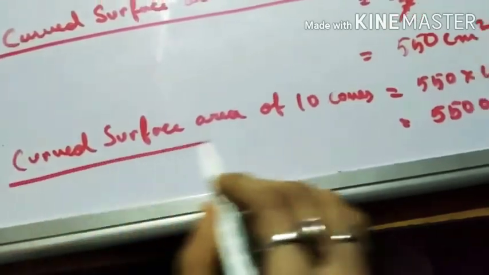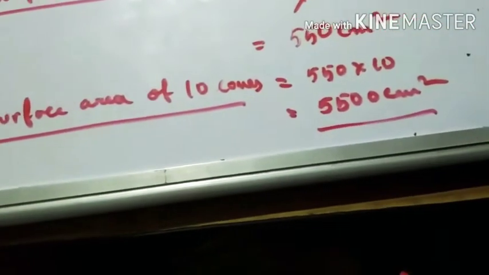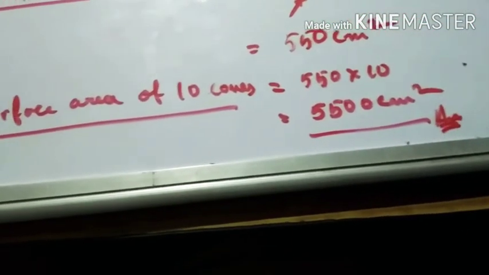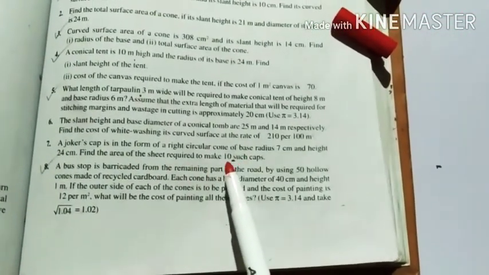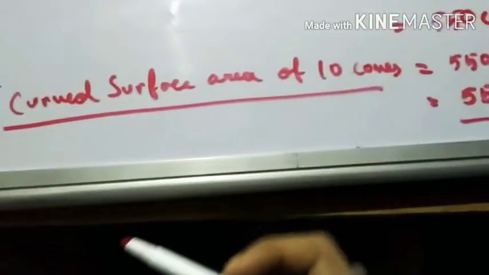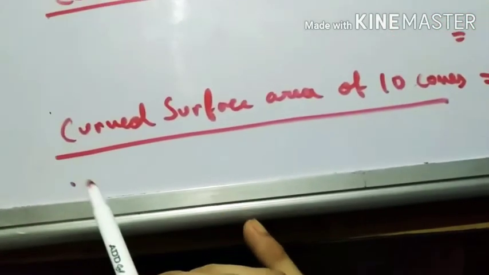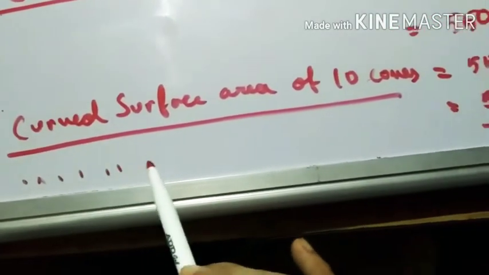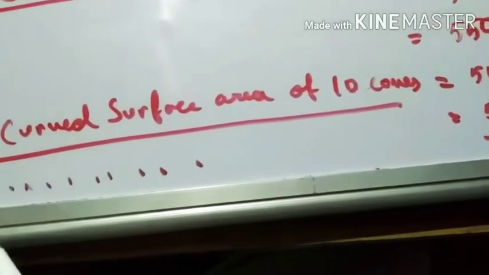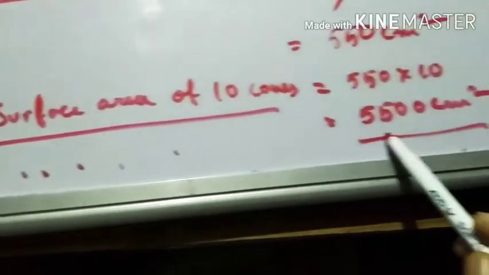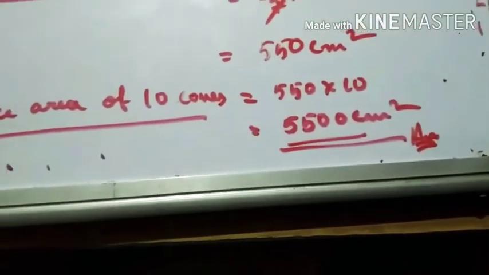This will be the answer. Therefore the area of the sheet required to make 10 such caps or cones, anything you can say, will be equals to 5500 centimeter square.